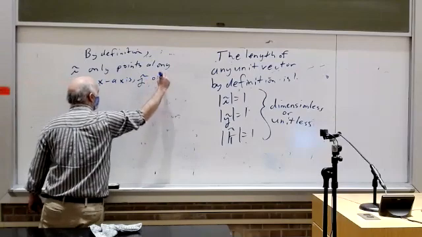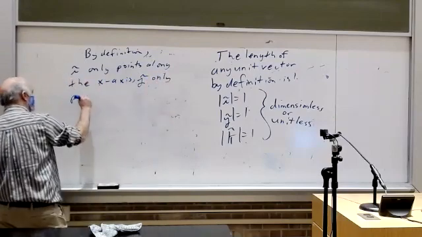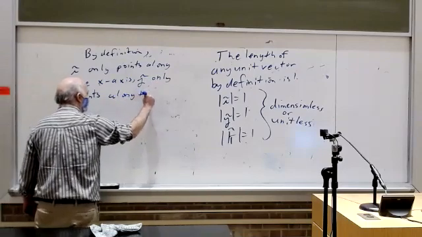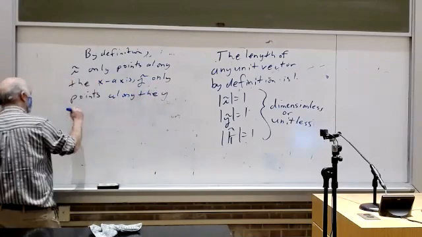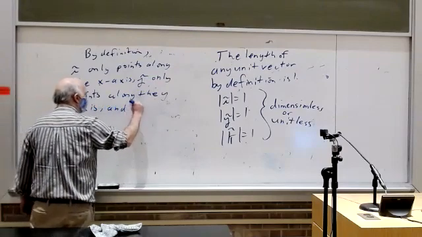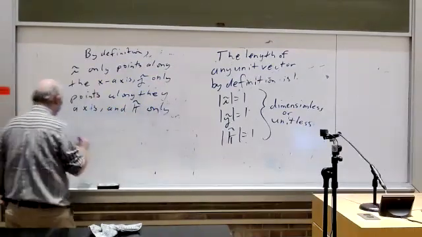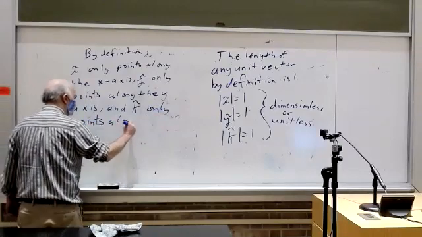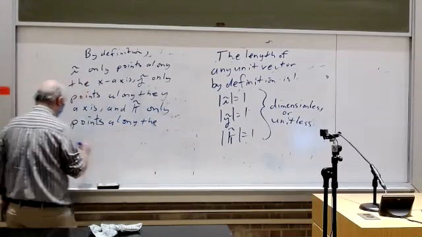J hat only points along the y-axis. And K hat only points along the z-axis.